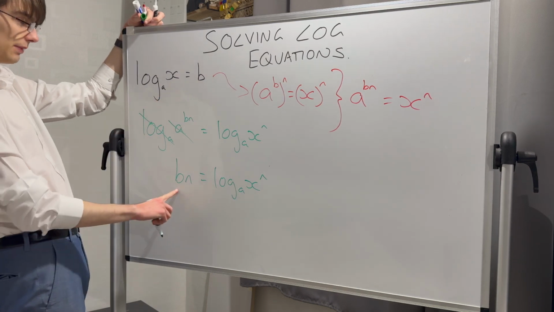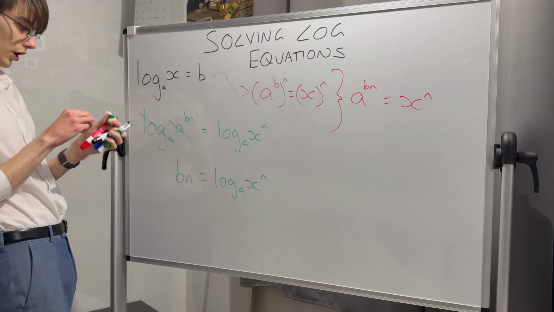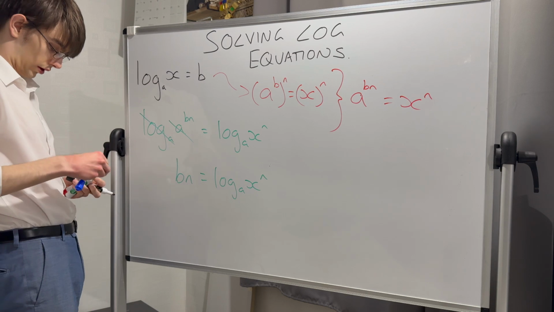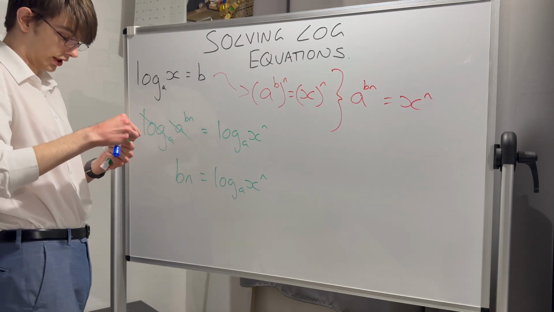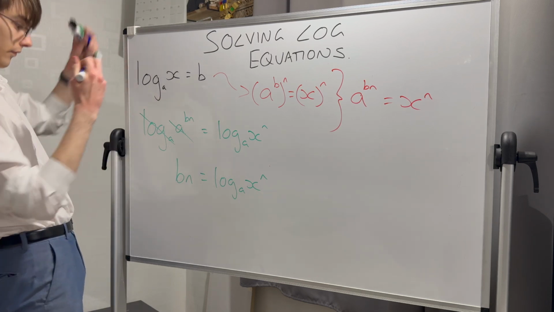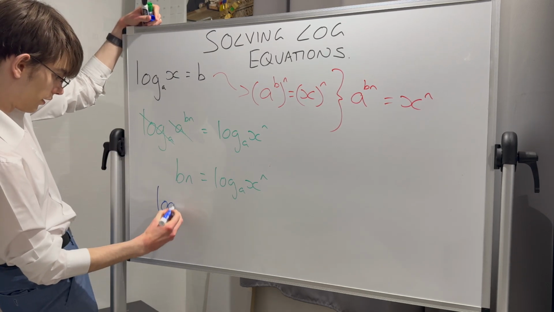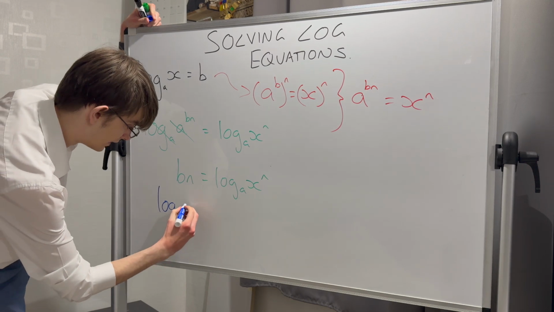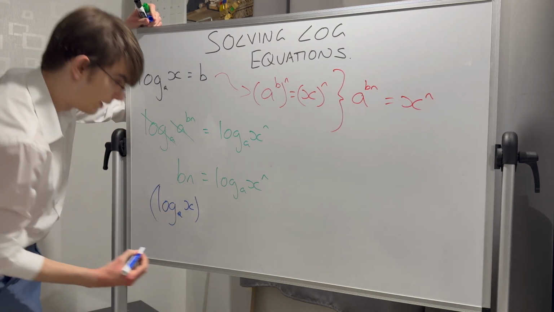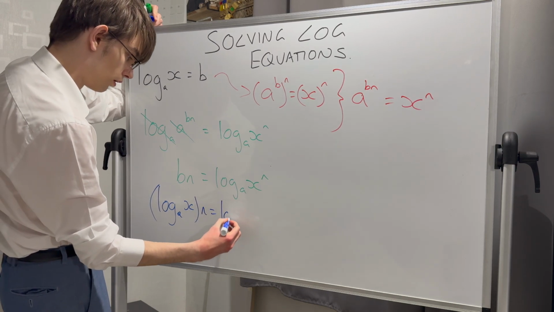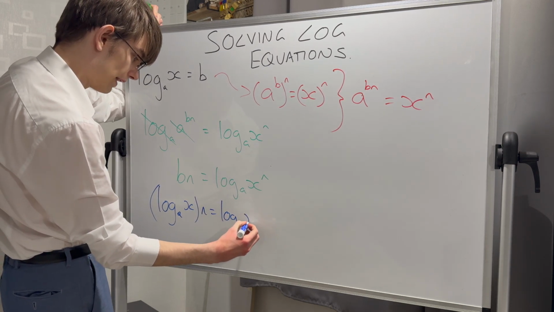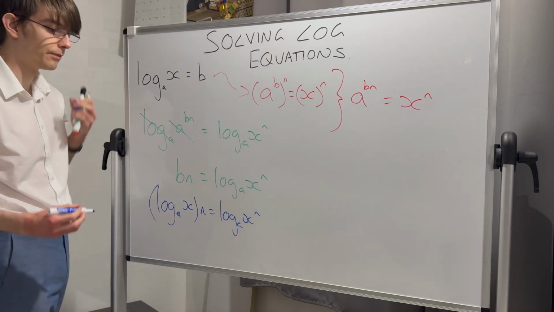So this b here becomes a different colour. I'm going to end up with log base a x, which is b, times by n, which is log base a of x to the n.